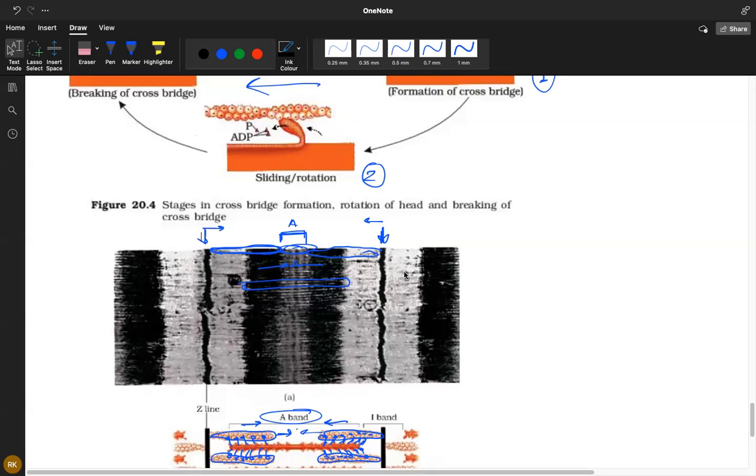Yeah. And that is exactly what we know as muscle contraction. This is how muscles contract. So write down.